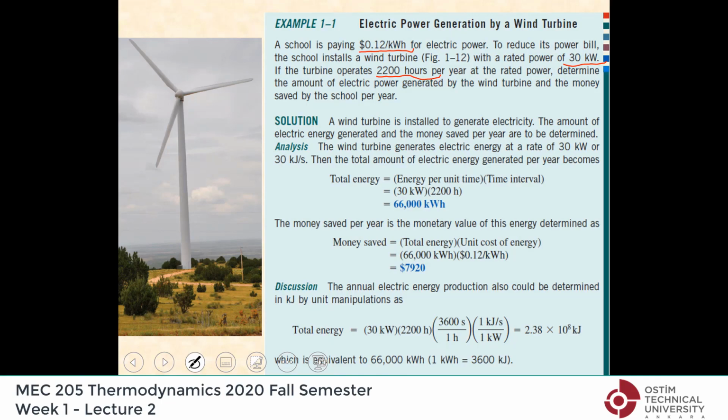We know that the turbine generates 30 kilowatts. Now this is power. It is equivalent to 30 kilojoules per second, right? Why? Because watt is equal to joule per second.